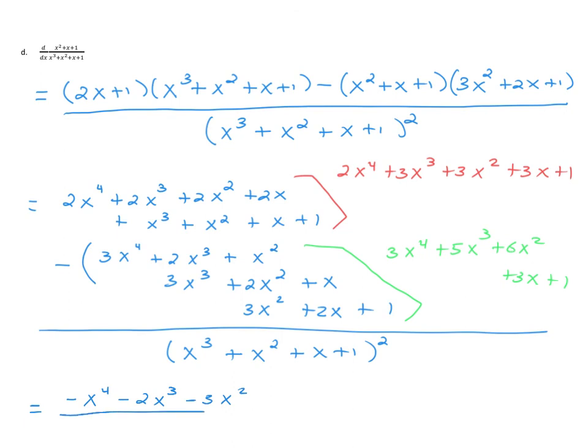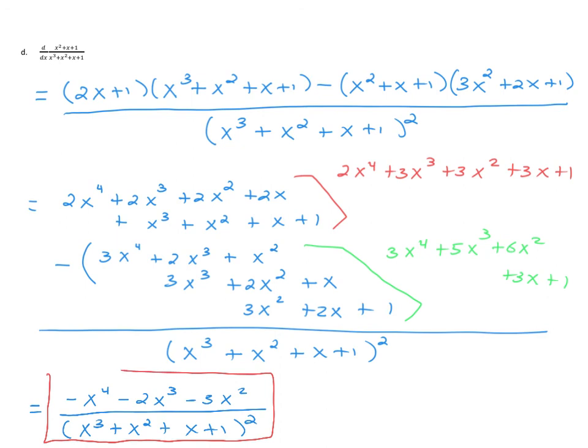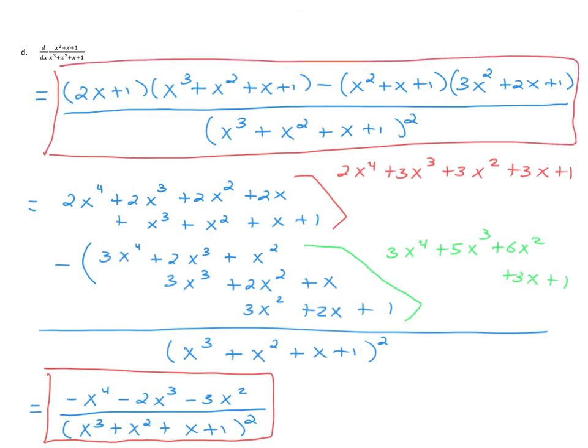So this whole thing is now just being divided by x cubed plus x squared plus x plus 1 all squared. I don't know. I honestly don't know if that was worth it. But there it is. This answer up here, I think for what we're doing is good enough. And that is it.